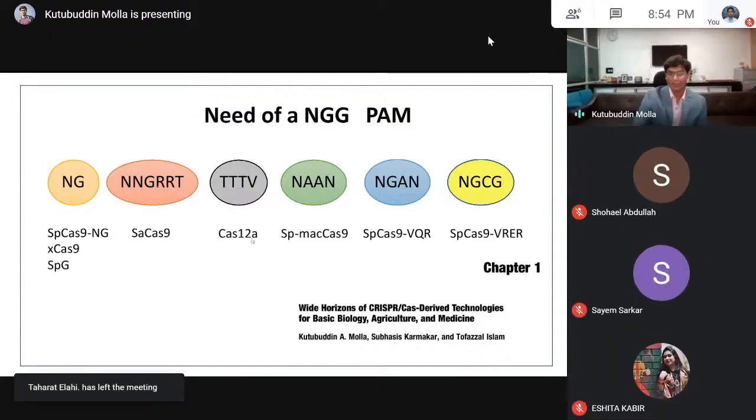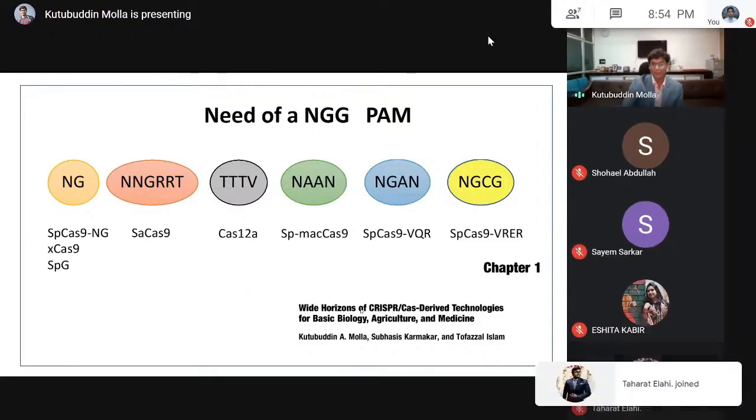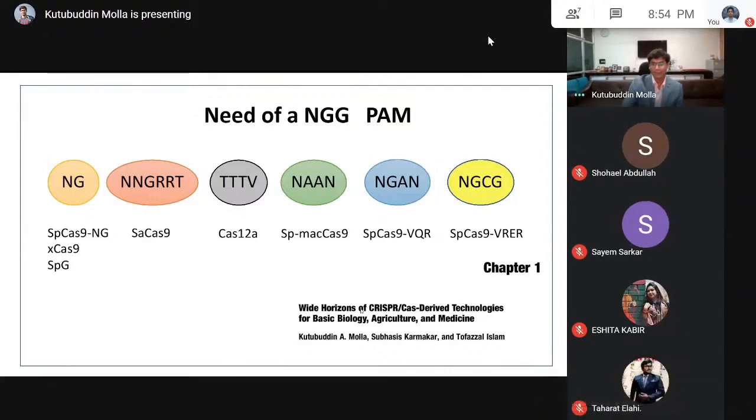Cas12a has a TTTV PAM, so if you have a TTTV PAM, you can use Cas12a. In our upcoming chapter for the CRISPR-Cas methods Springer book, we have listed different orthologous Cas9s and engineered Cas9s with different PAM requirements, not only NGG. So you have a lot of flexibility to choose from the whole CRISPR toolbox.